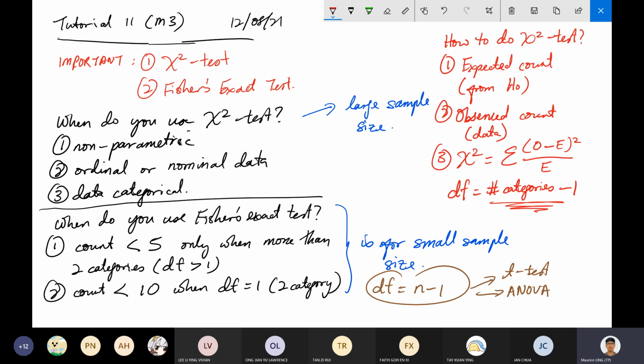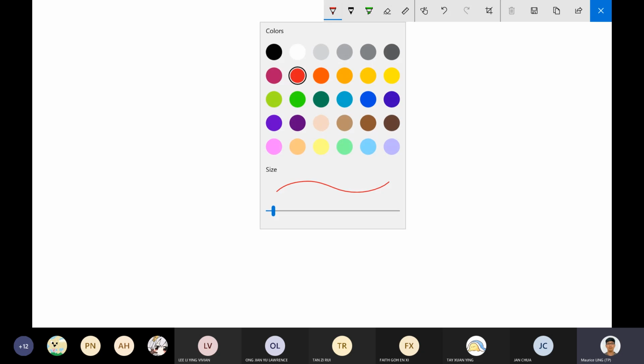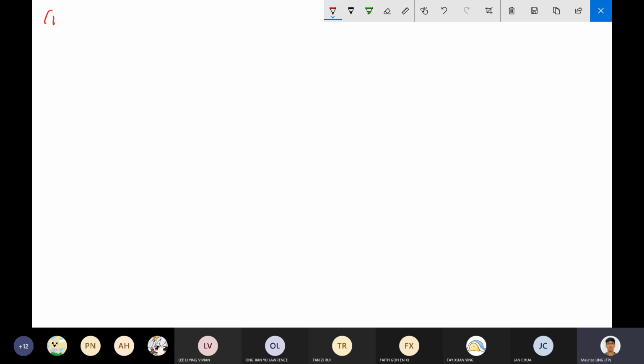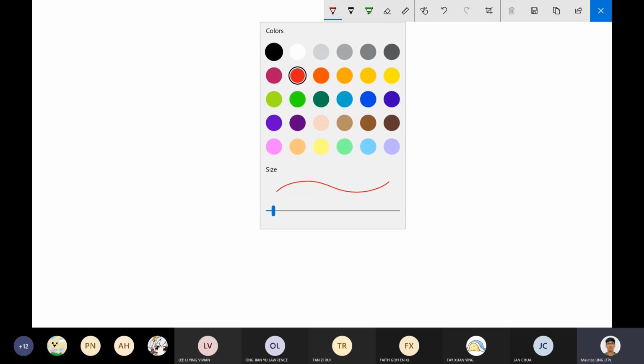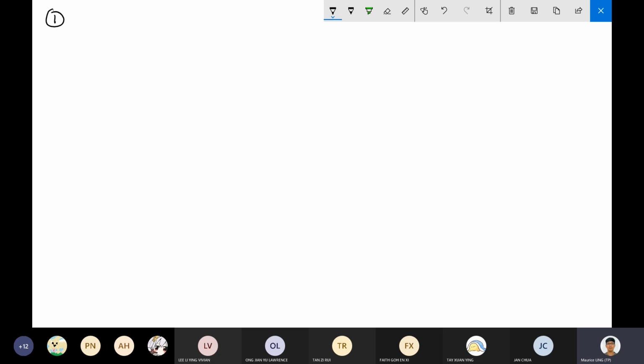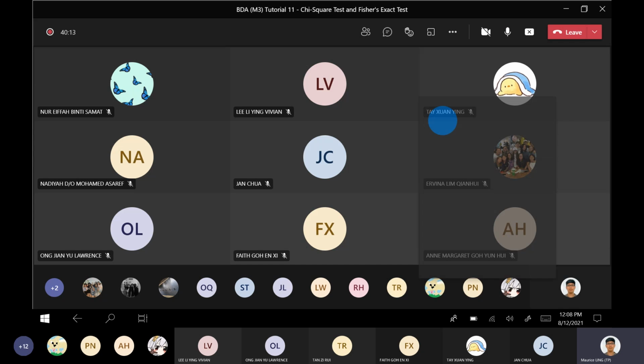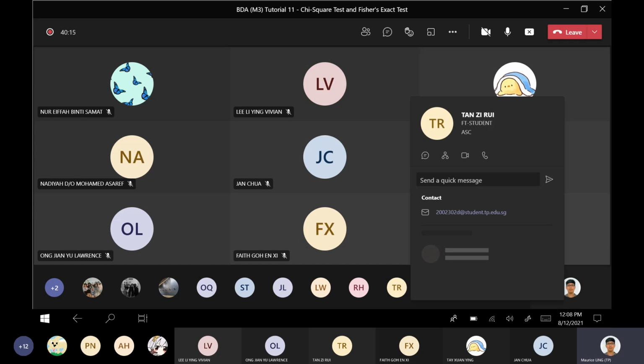Okay, question 1. Question 1. What is the problem with it? Is there a mistake or what is the issue there? Maybe let's have who is R. Zuri. Is there any issue with question 1 or what is the problem?